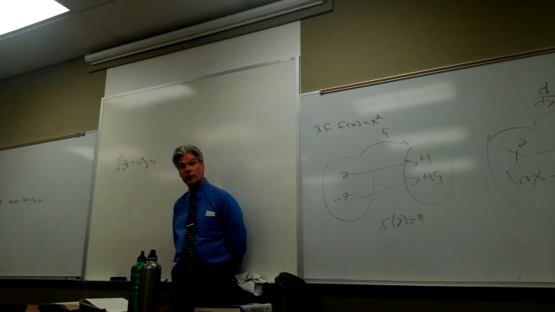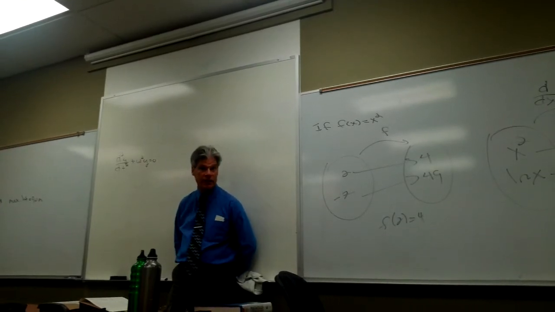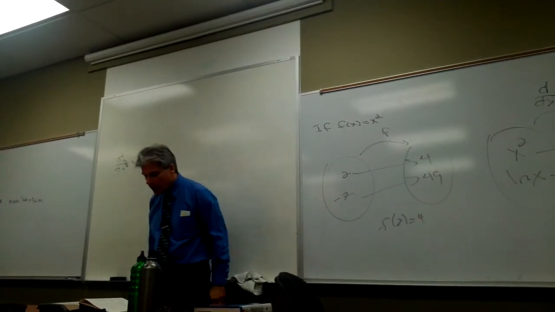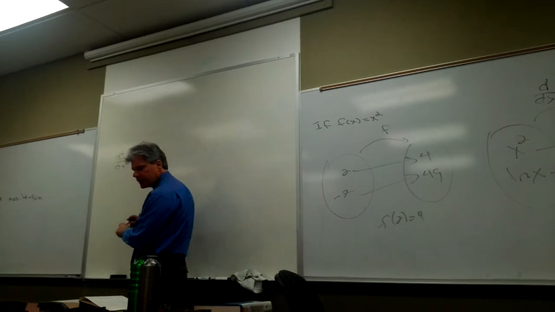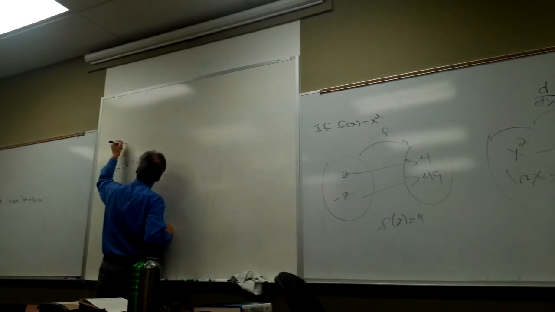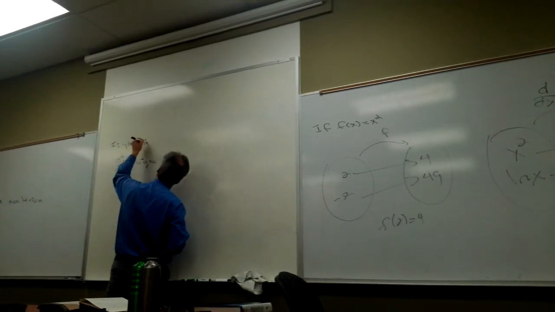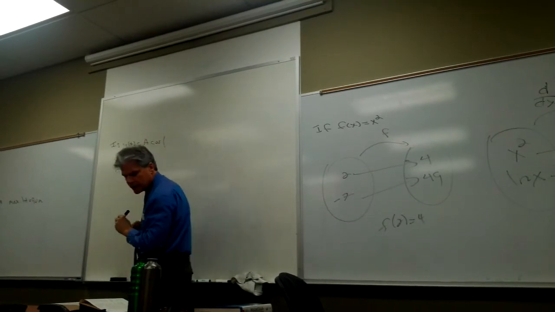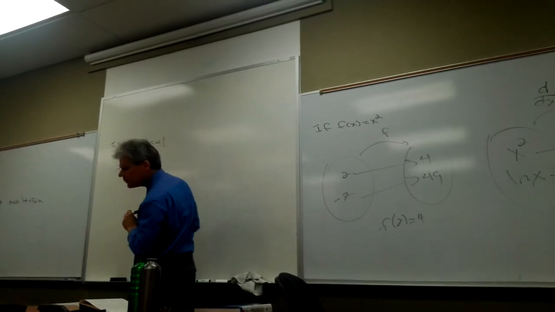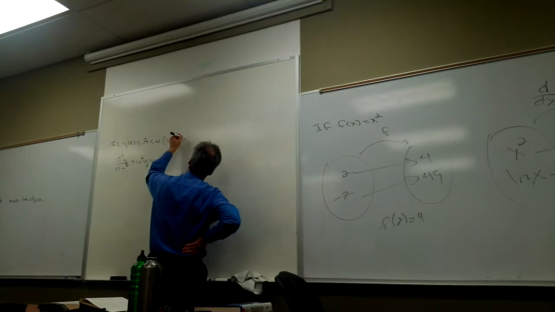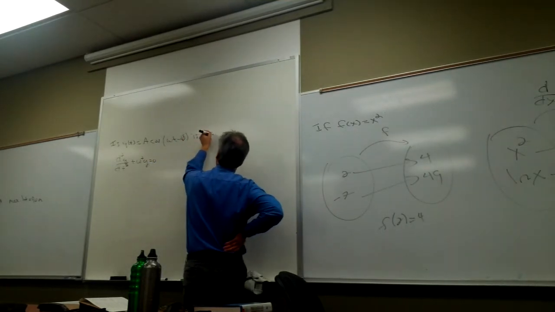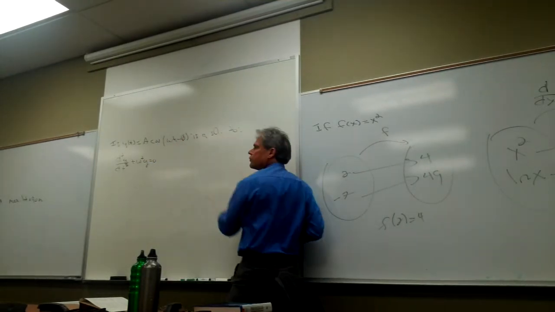All right. However, they want me to verify whether or not this thing right here, a cosine of omega t minus b, is a solution to that differential equation. So you guys, I'm being honest with you.